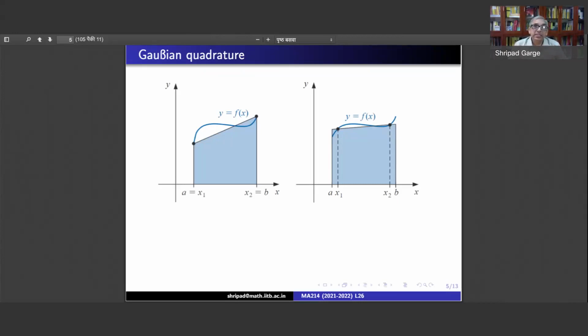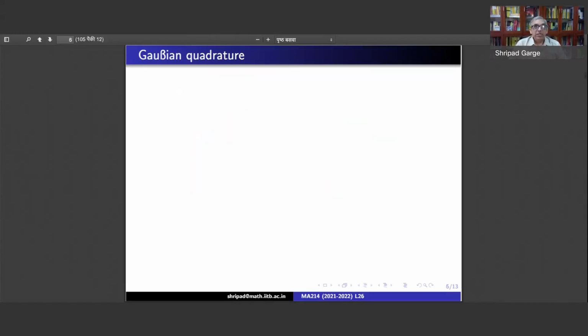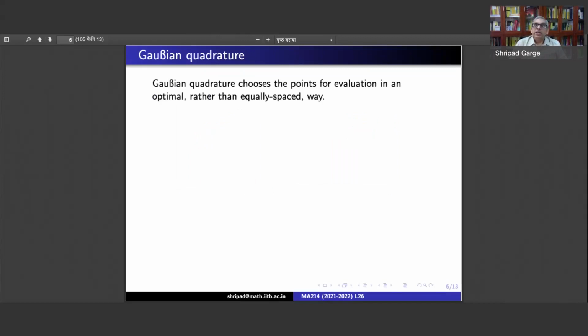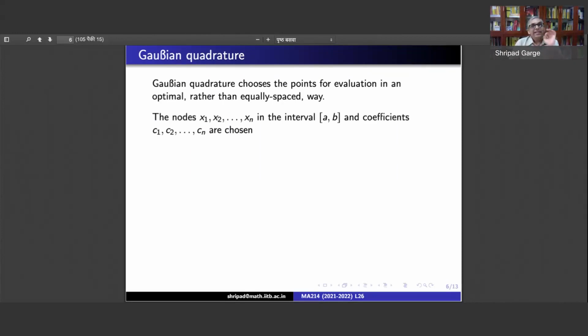So this is the essence that Gauss worked with, and what he did is that he would like to choose points for evaluation in an optimal way rather than in an equally spaced way. The nodes x1, x2, ..., xn in the interval [a, b] and the coefficients c1, c2, ..., cn are chosen to minimize the expected error obtained in the approximation of this integration.